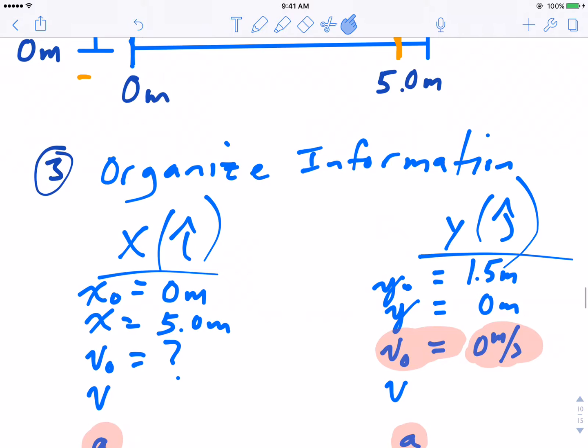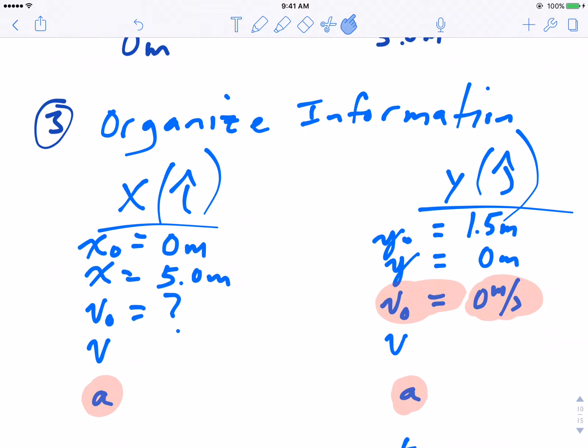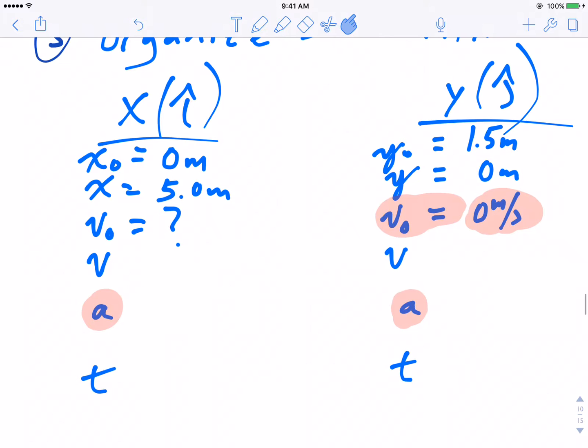All right, so I said probably the biggest thing you have to do next is really organize this information. Beginning physics students, if they're making mistakes with the projectiles, one of the things I notice over and over again is that the information isn't organized. And this is really important because we're talking about motion on the x-axis, motion on the y-axis.